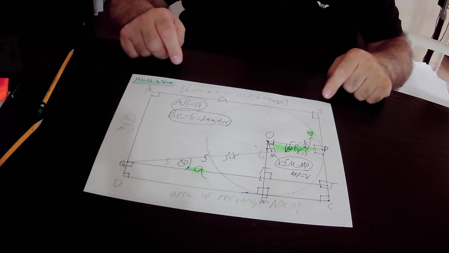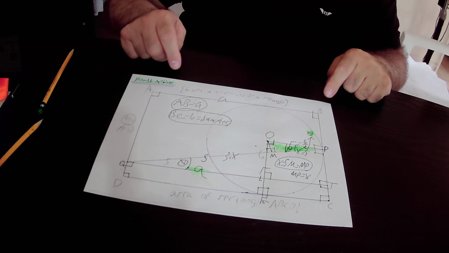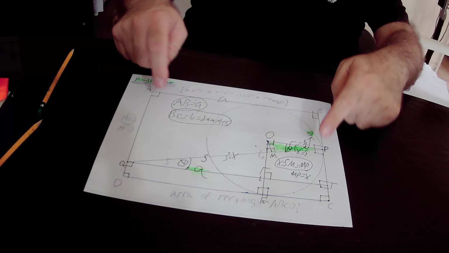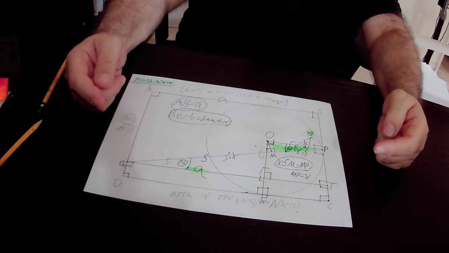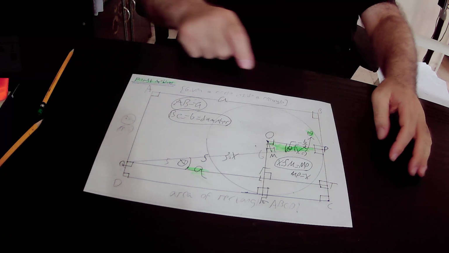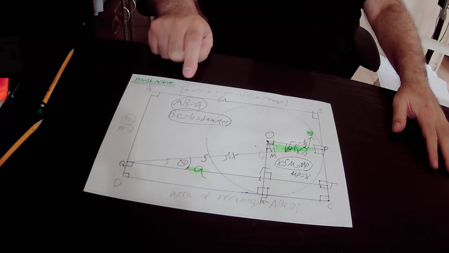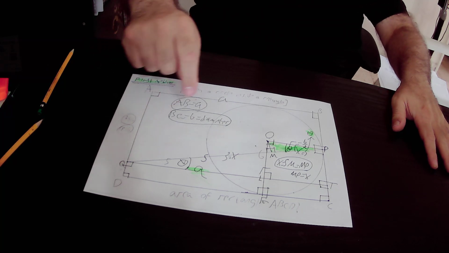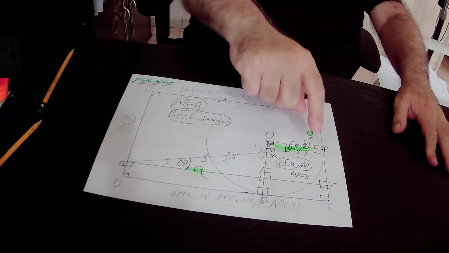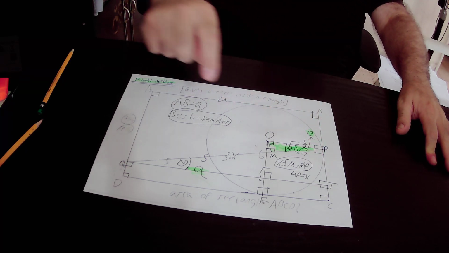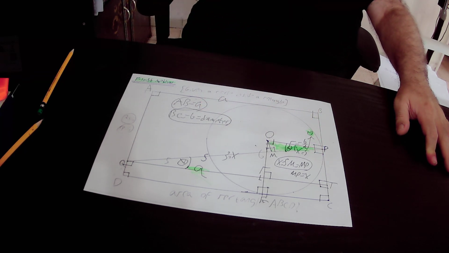So we know that all the angles inside the rectangle are right angles, therefore those 4 angles are all right angles. We define side AB as A, we define side BC as B, and we know that BC is also the diameter of the circle, so I wrote it here.